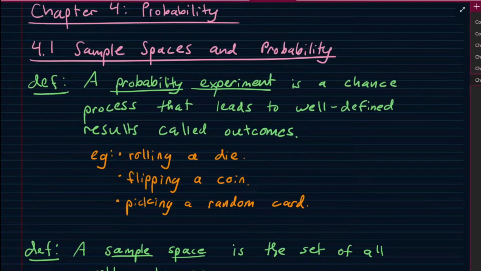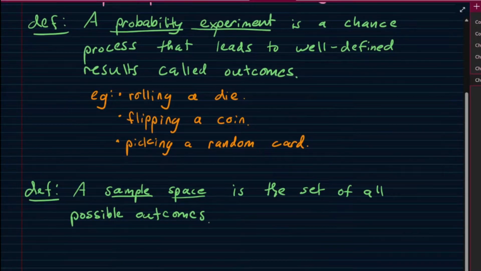So in the rolling the die example, the sample space would be 1, 2, 3, 4, 5, 6, right? Because that's every possible outcome when you're rolling a die. What would the sample space be for flipping a coin? Well, that would be heads and tails, right? Those are the only two outcomes, so that would be the sample space.